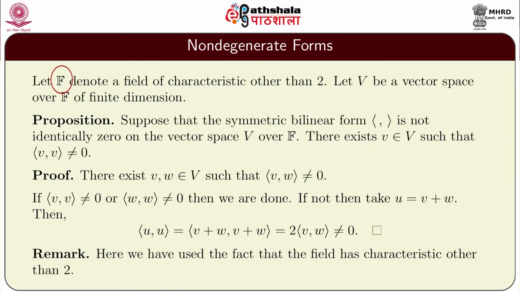Let F denote a field of characteristic other than 2. Let V be a vector space over F of finite dimension. The proposition: suppose that the symmetric bilinear form is not identically 0 on the vector space V over F. Then there exists a v in V such that inner product v comma v is not 0.